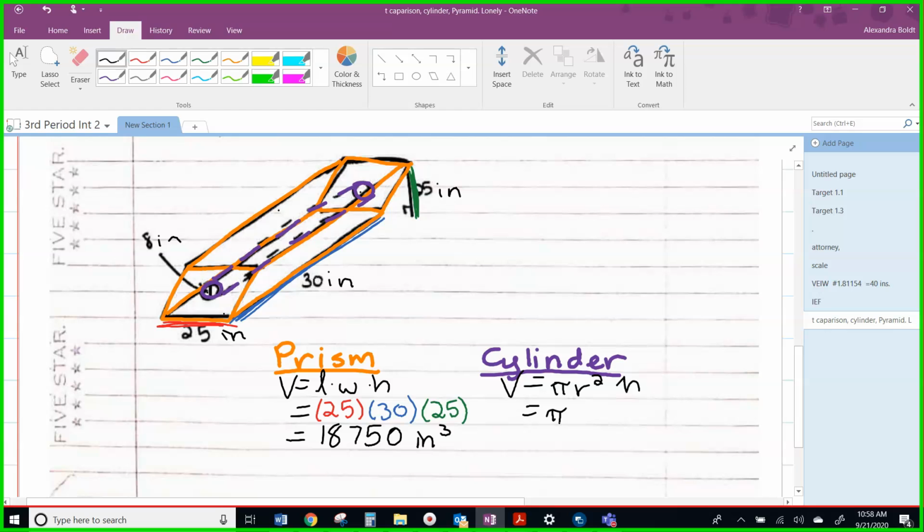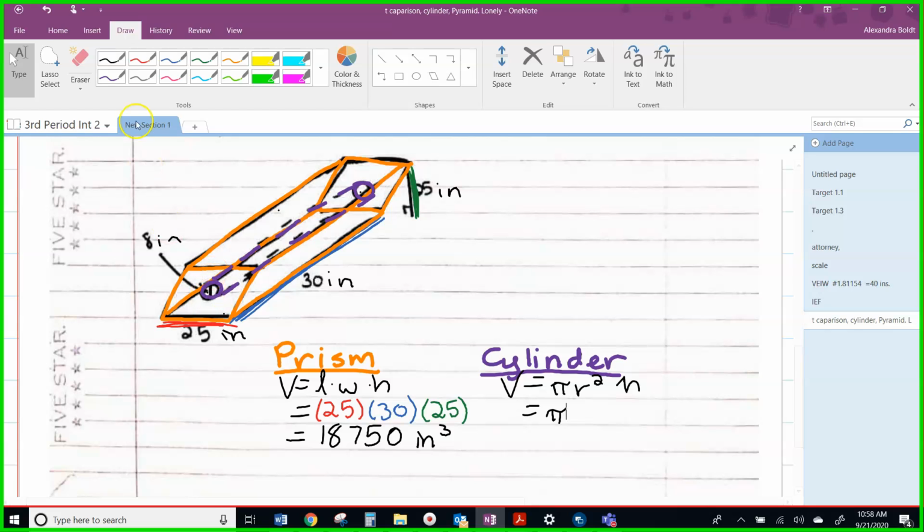Our radius, again, thinking back to our definition of radius. Remember, the definition of radius is half the distance across the circle. If we look at where this 8 inches is pointing to this line right here, that line is going all of the way across my circle. So this is not my radius. If we remember, the word for going all the way across the circle is diameter.